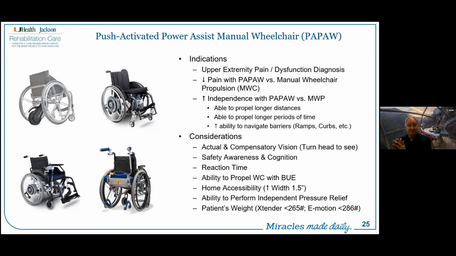Now, those of you who maybe can't relate to this completely, let me just ask you, if you ride a bicycle, for example, you're an able-bodied individual and you got an 18, whatever it is, speed bicycle. And then you get older and you start having joint problems with your hips and knees. And now they have push activated power assist e-bikes. Oh, it makes all the difference trying to go up, for example, the causeway.